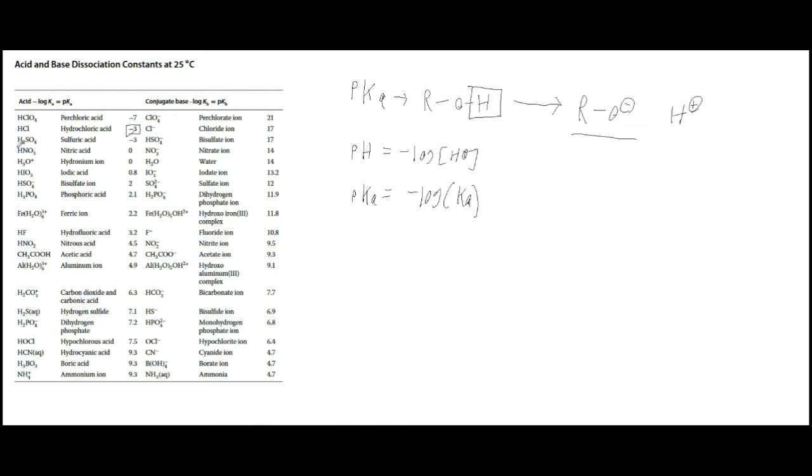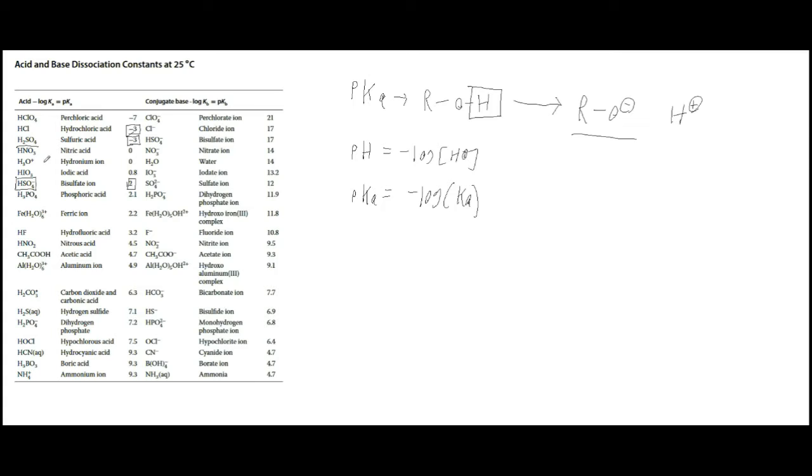Sulfuric acid, which is -3, and you see this is H2SO4, and then down here we run into HSO4, which is the pKa for that other hydrogen, like I talked about, which is 2. So the first hydrogen detaches with -3. Remember, the lower the number, the stronger the acid. So -3 for the first H, and then 2 for the second H.